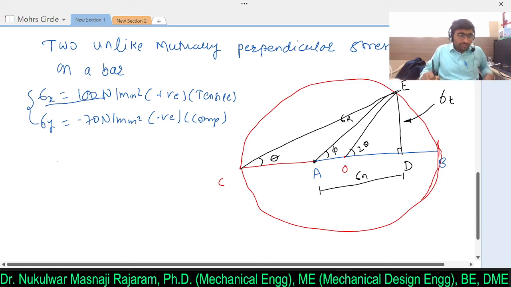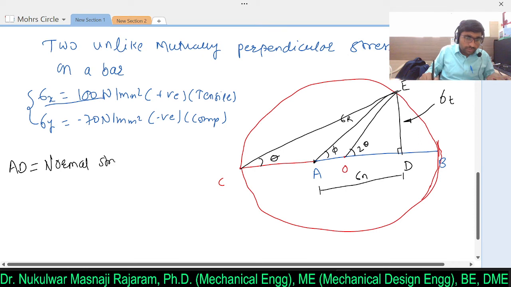So from this diagram, if I consider AD, that is the normal stress on the oblique body. Next is ED.